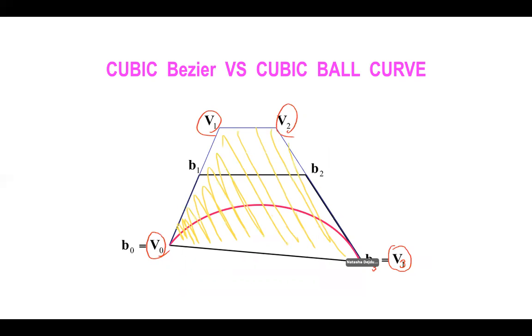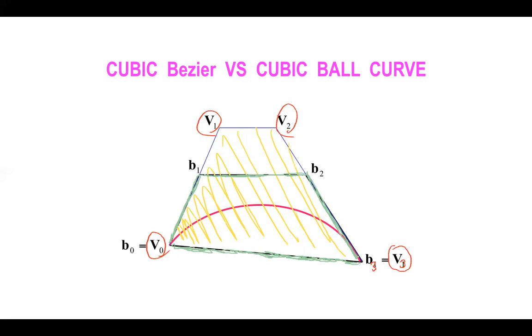You can see that the pink one is the Bezier curve, right? And the blue one will be, no, I cannot use the blue one. I change it to green. The green one will be the convex hull of Bezier, right? Because this green one forms the Bezier curve.